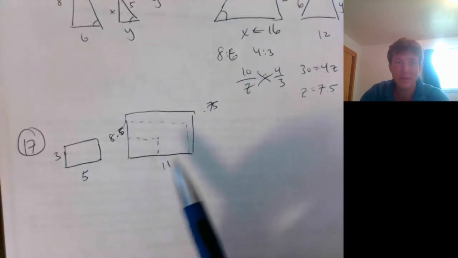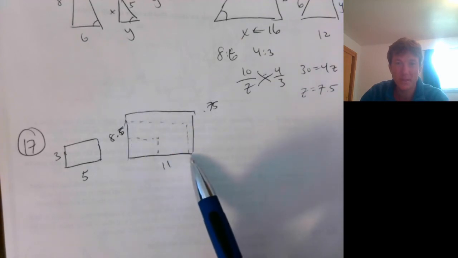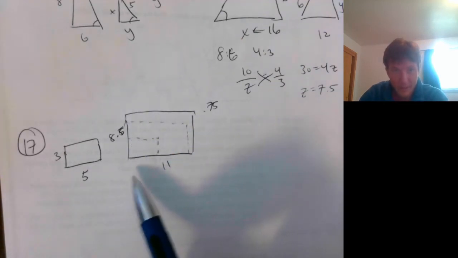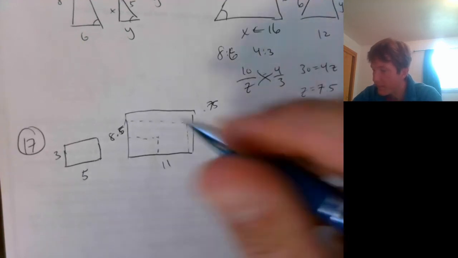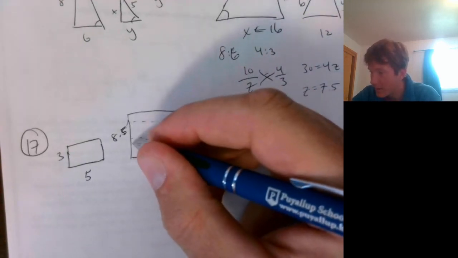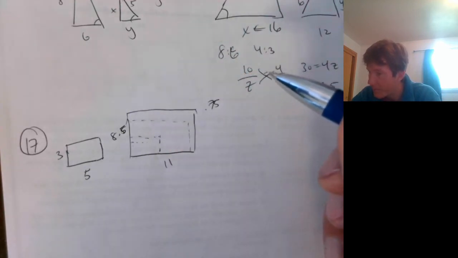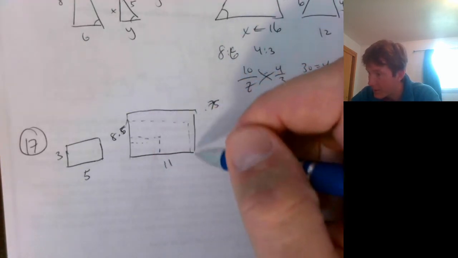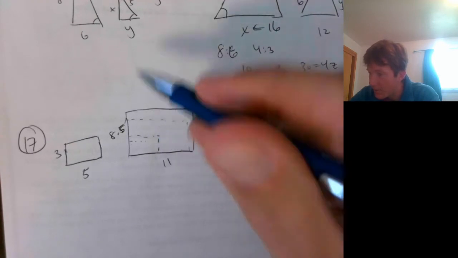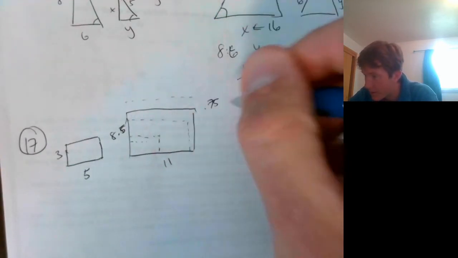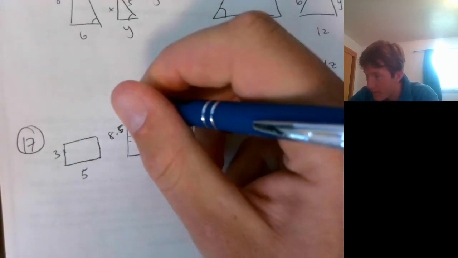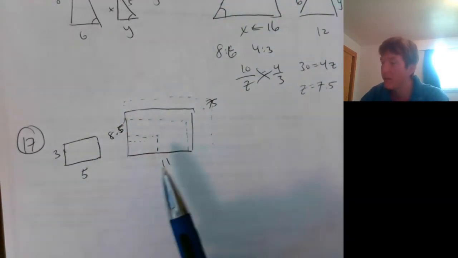If I blow it up by 2, I'm almost out of space here. But if I use the 3, here's 3 by 5, that's 1. 3 by 5 is 2. And then up here is the next one.